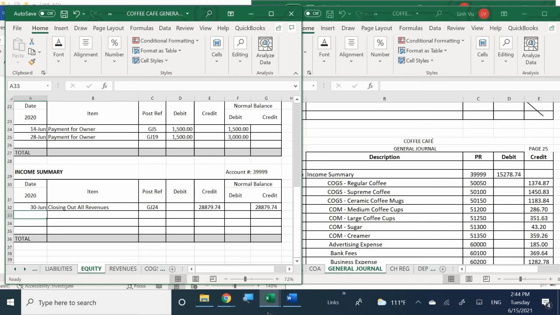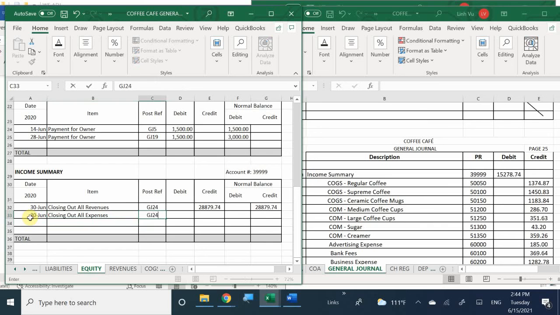All right. So now, last account that we haven't edited is going to be my income summary. So let's go ahead and plug in my number here. So this is closing out all expenses. Okay.